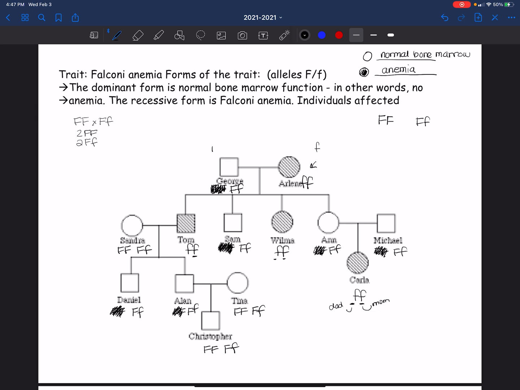Then if we go on down to Alan and Tina, we figured out Alan's genotype, but Tina, we don't know anything about her parents, and they haven't had a child that's afflicted with anemia yet. So we have to leave both Tina and Christopher as big F, little f, big F, because we don't know their possibilities. And that's how you trace genotypes back through an autosomal dominant pedigree.